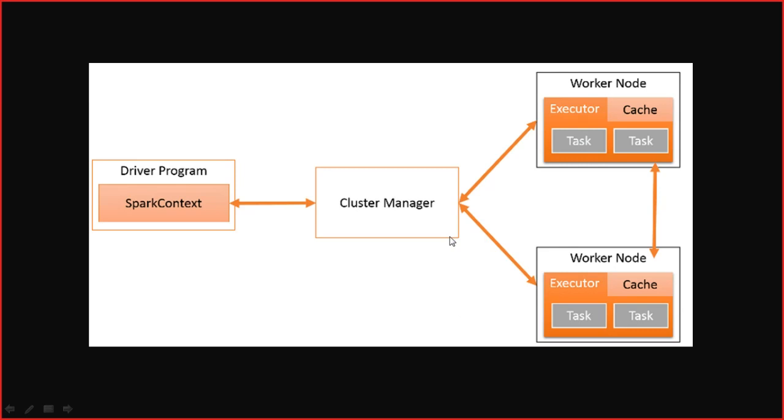We don't need to handle anything that is happening at the backend. All of that is managed underneath by the cluster manager, and the Spark context is just an abstraction, so that all the complex things are hidden behind the scenes, and we only need to work with our logic or code.